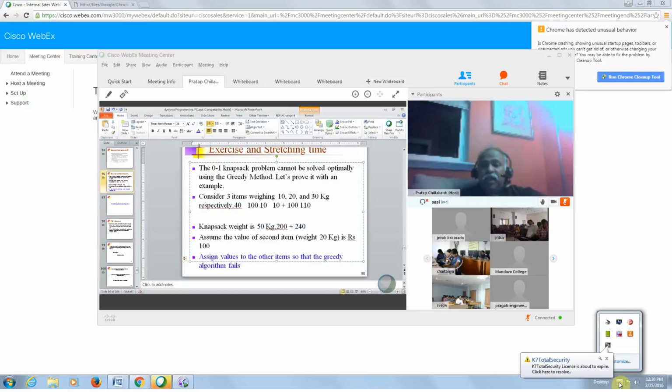So the greedy algorithm is always trying to maximize the weight. I think that's where some confusion came. If I take a 30 kg one, and then I choose 20, I reach the limit and I'm happy, because the objective there is to maximize the weight. And in the process, you maximize the value too, because it's always looking for the highest number. 30 is the highest number, it chooses that.